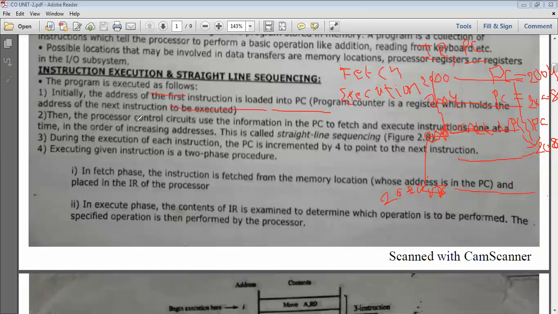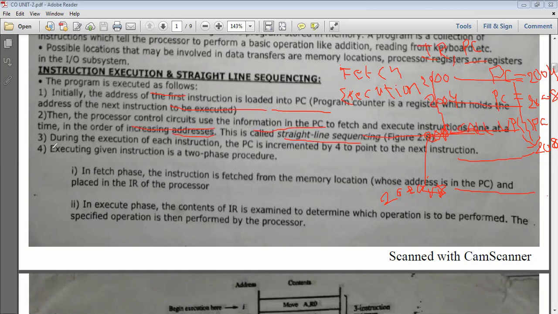Second, the processor control circuits use the information in the PC to fetch and execute instructions one at a time, in order of increasing addresses. This is called straight line sequencing. Straight line sequencing means just increasing: 2000, 2004, 2008, 2012, like that.